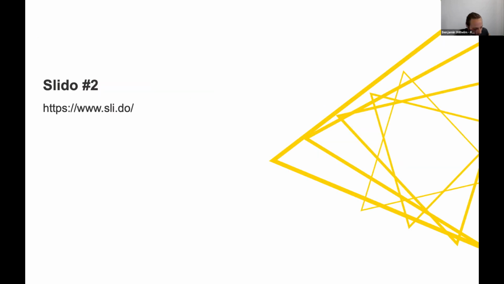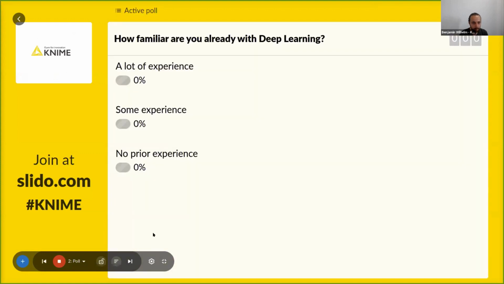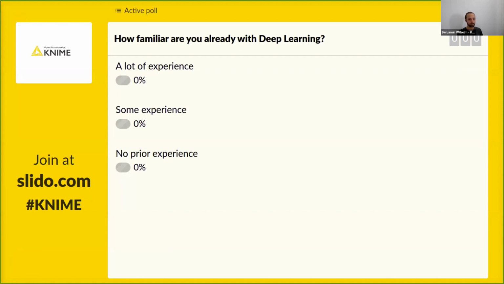Okay, so those are our foundations before we start with image classification. Let's go to the next question in Slido. Okay, you can see most people came from Germany. And I wanted to ask you, how familiar are you already with deep learning?